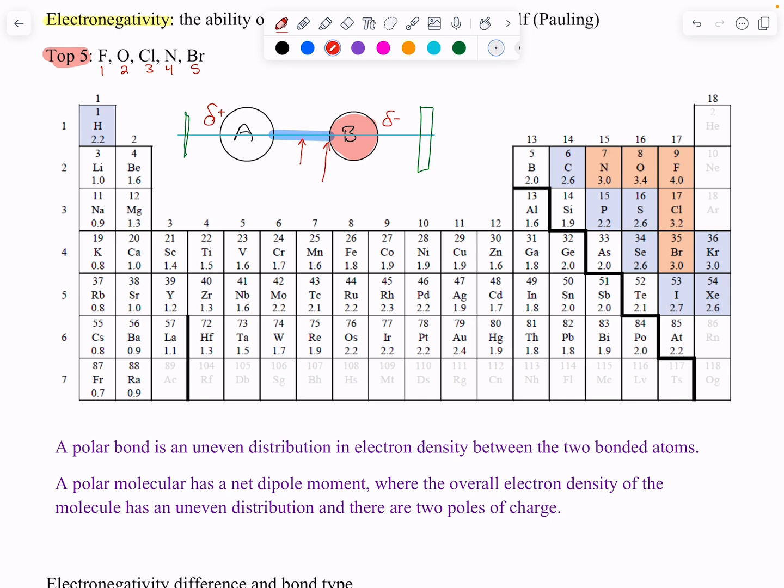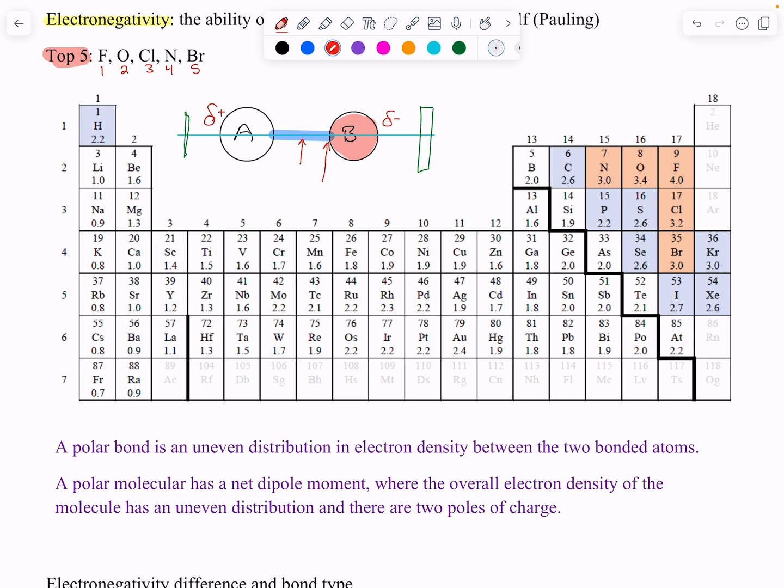A polar molecule has a net dipole moment, which means the overall distribution of electron density on the molecule is uneven. So there are 2 poles of charge. They're slight poles, not full charges like +1 or -1, but there is an uneven distribution of electron density. We'll get to that later. Right now we're just talking about polar bonds.